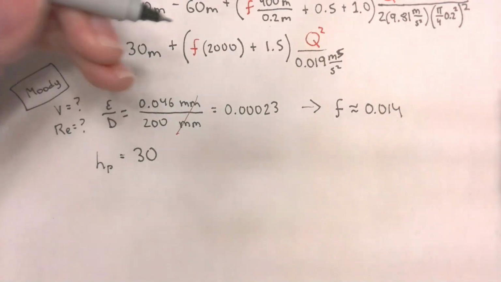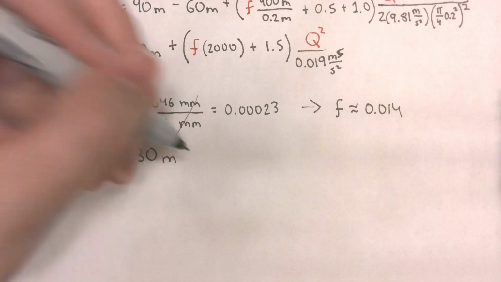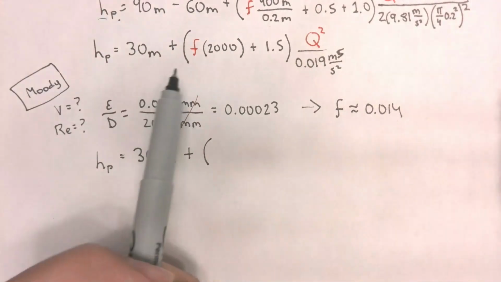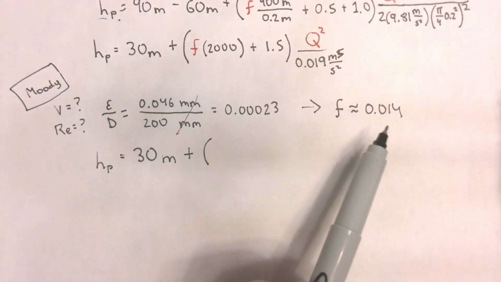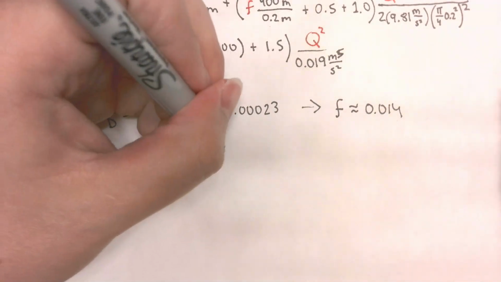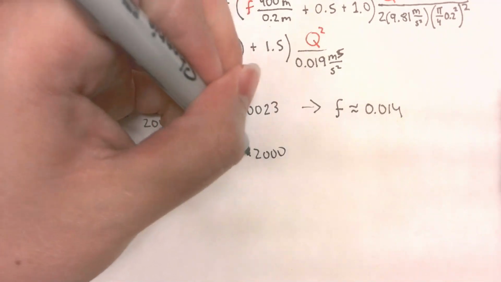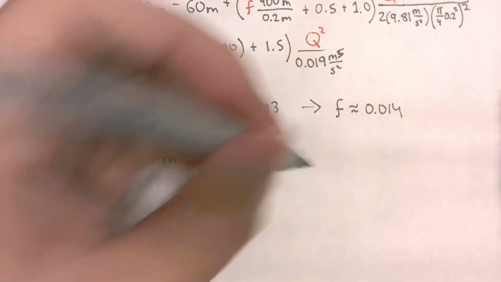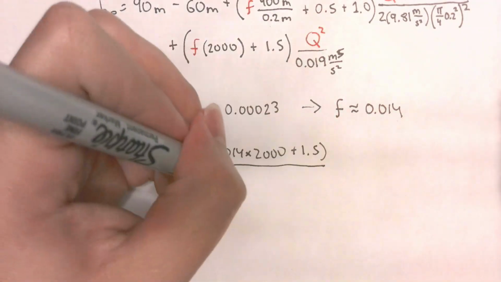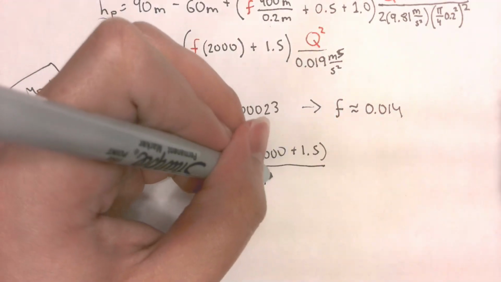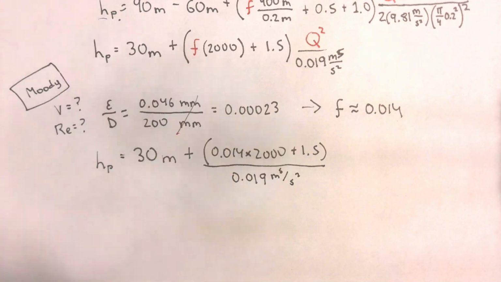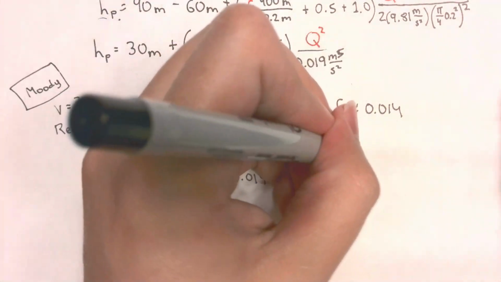So my pump head will be equal to 30 meters plus my friction factor of 0.014 multiplied by 2000 plus 1.5 divided by 0.019 meters fifth per second squared, and then multiplied by my unknown flow rate squared.